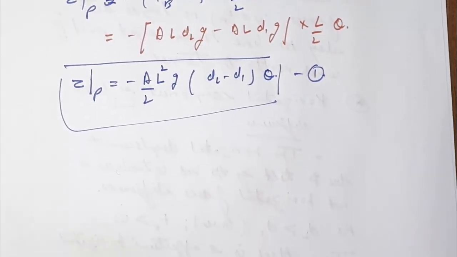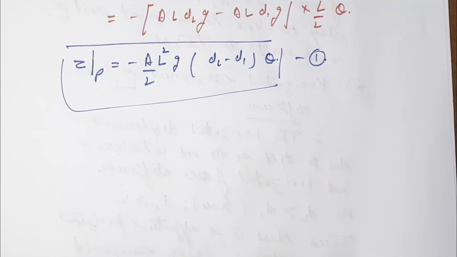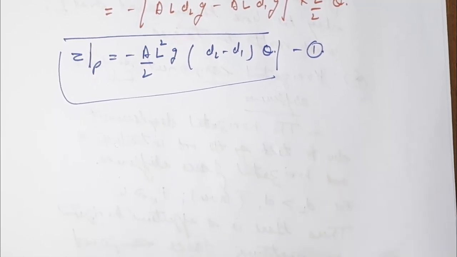There is a slight, because of the tilt of the rod with respect to the vertical, it will also have some angular acceleration. Let us call that angular acceleration alpha.